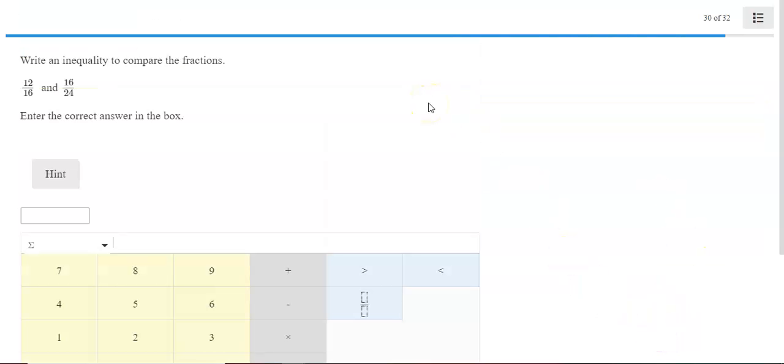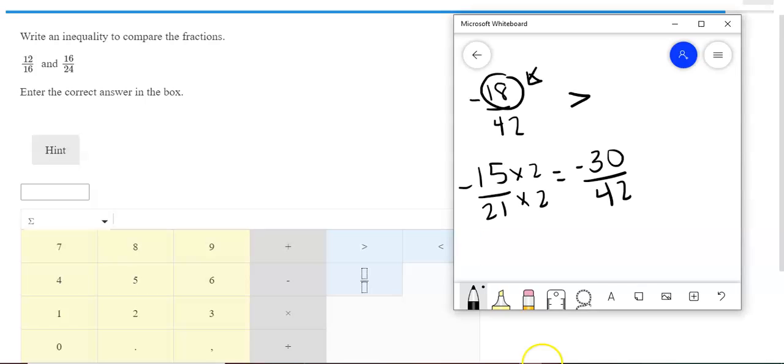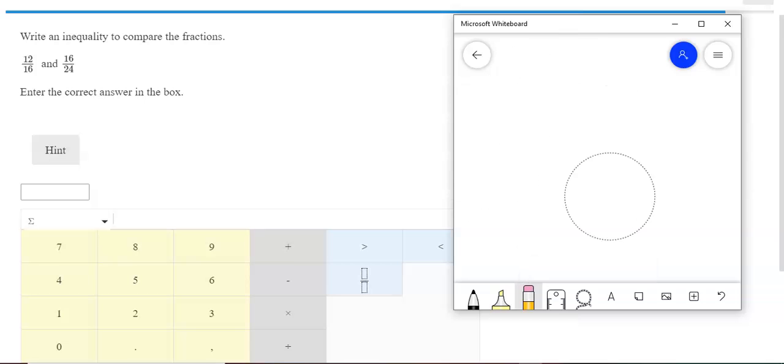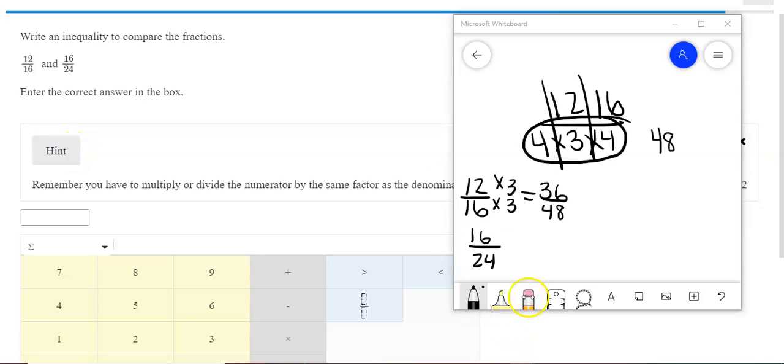Next one, write an inequality to compare the fractions, 12 over 16 and 16 over 24. Let's look at our hints. Rewrite the fractions with a common denominator, and then the same things that it has been saying.